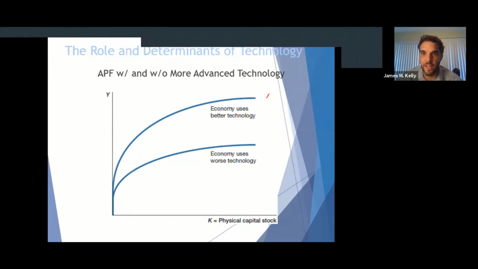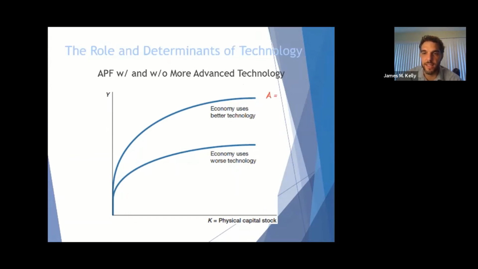So let's say the technology level is at, let's say, 1.5, where here the technology level index is, let's call it 1. So we have better technology represented by a higher value or higher index for this term A. And where we have worse technology, the A index is something less than 1.5, we call it 1.1.